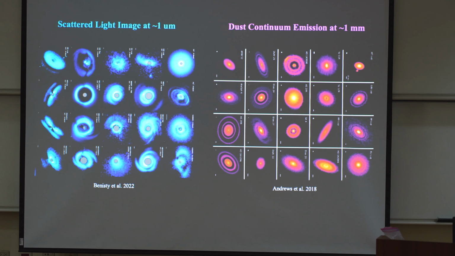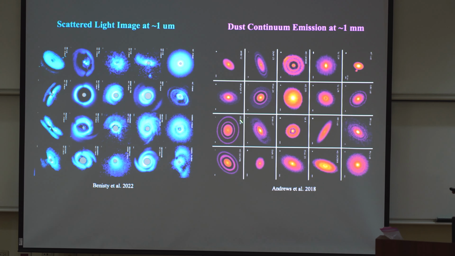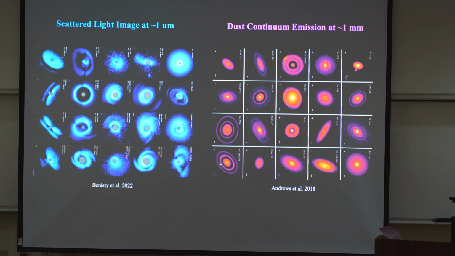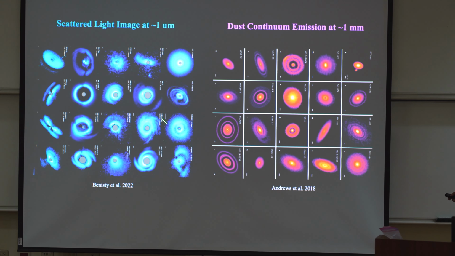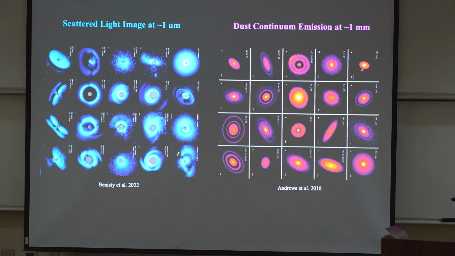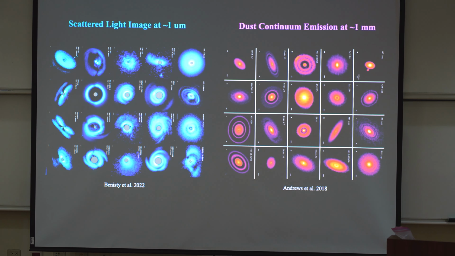The disk is not smooth. The most common ones are rings and gaps, like these. We also see spiral arms, like these ones, also this one. And then there are disks with some other types of asymmetric structures and also cavities.